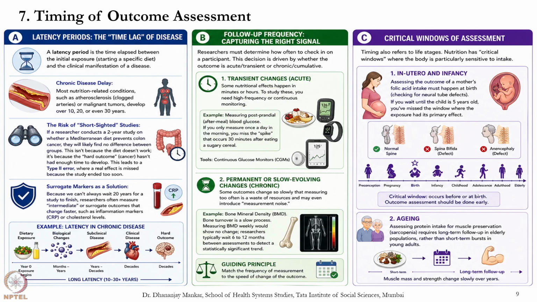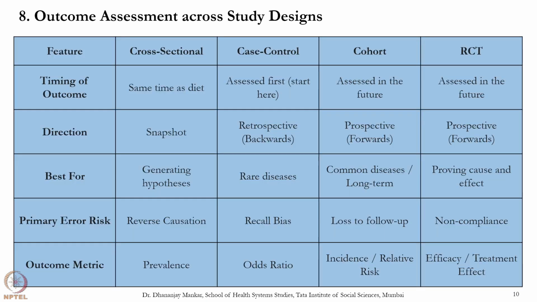This is a critical window which occurs before the birth, and outcome assessment should be done early to prevent it. Then comes aging, for example assessing protein intake for muscle preservation. Whether it is sarcopenia requires long-term follow-up in the elderly population rather than a short-term burst in adults. Muscle mass and strength change slowly over a period of time.